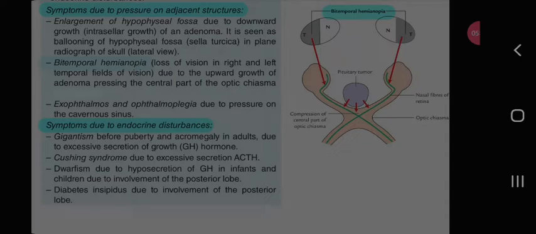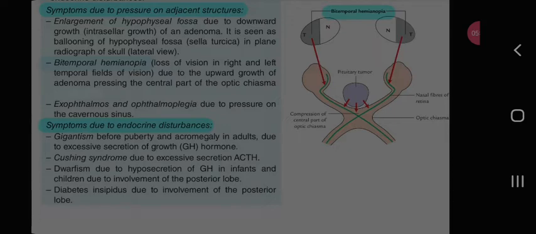Bitemporal hemianopia: loss of vision in the right and left temporal fields of vision due to the upward growth of the adenoma pressing the central part of the optic chiasm. Exophthalmos and ophthalmoplegia due to pressure on the cavernous sinus.